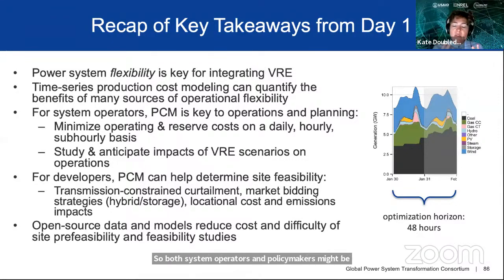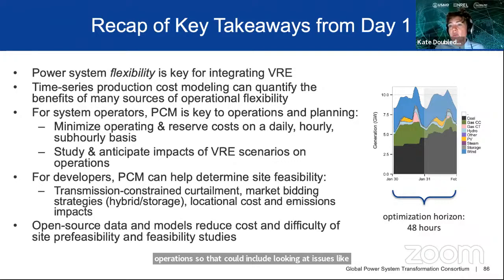We also talked about VRE plant developers who could use production cost models during the site feasibility stage of their project development in order to understand the impacts of the grid operations on plant operations. So that could include looking at issues like transmission constrained curtailment.